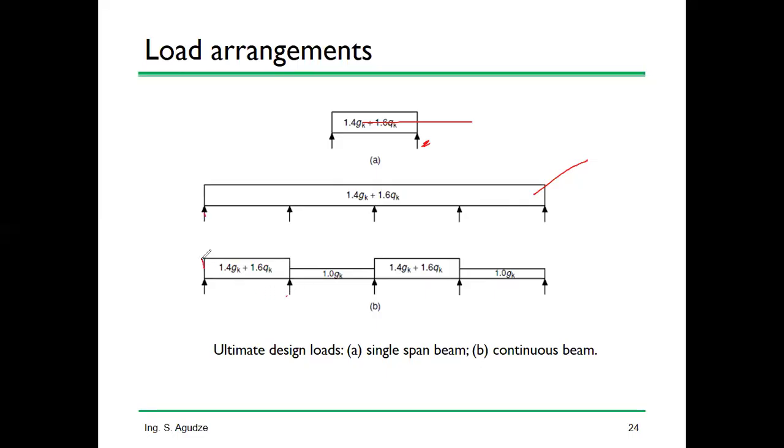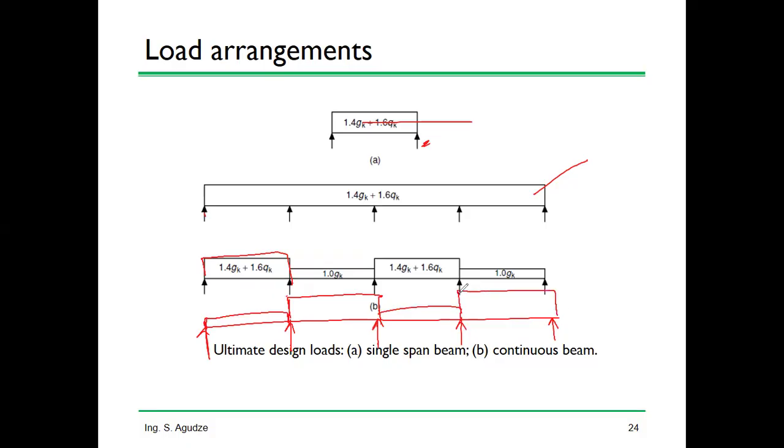Let's assume that the first span has the full load, then the next span a small load, alternating load. Then the following span, the full load, then minimum load. So here, the third case can be like this. Because I started with the full load for the second case, this one I'll now start with the minimum, then the full one, minimum, then the full one, like that.